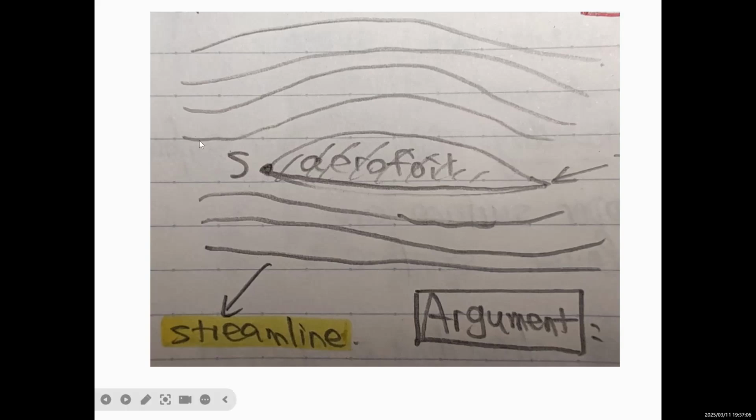And the curved lines here are called streamlines. The streamline means the path of a particle in a fluid. So as you can see, fluid particles do not travel in straight lines along the surface of the aerofoil. They travel in curved lines.